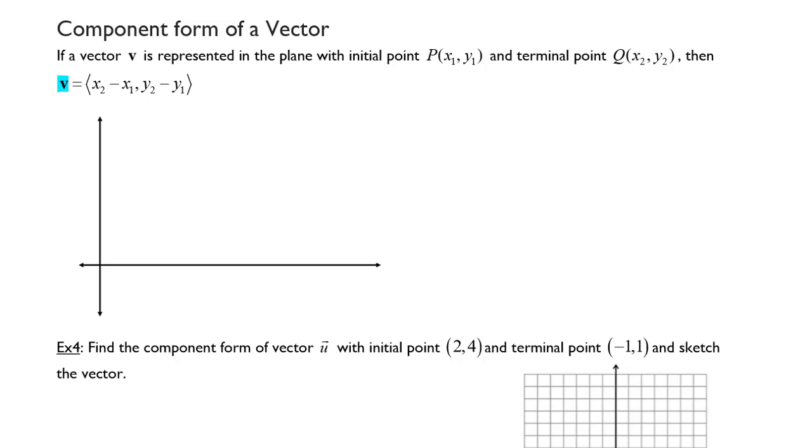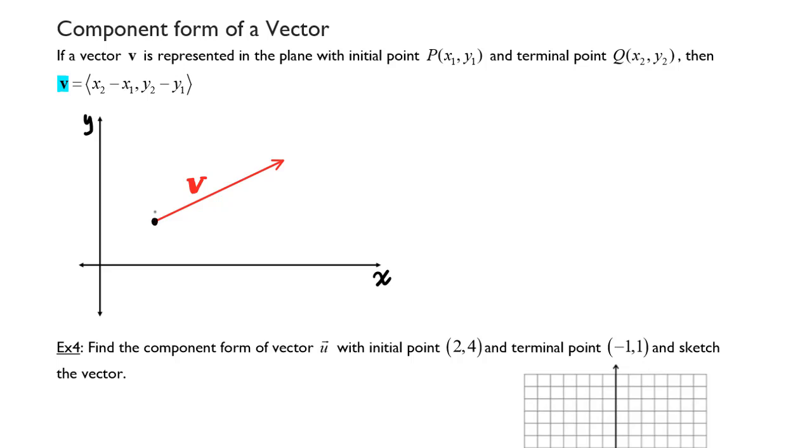If we were to draw a picture of this, let's say we have a vector v in the plane that we just drew. It's heading to the top right of the xy axis, where we have our vertical axis y and our horizontal axis x.